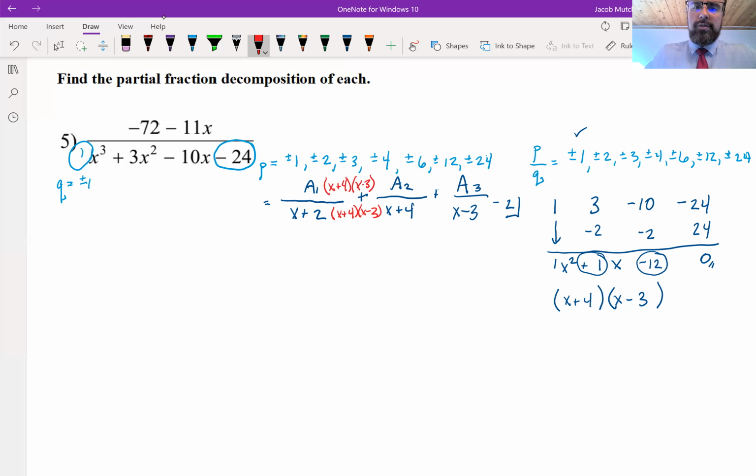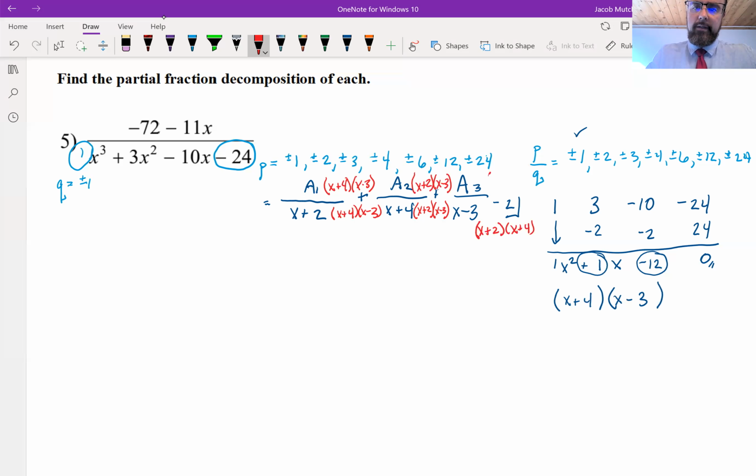The second one's missing x plus 2 times x minus 3, and the third one is missing x plus 2 times x plus 4.